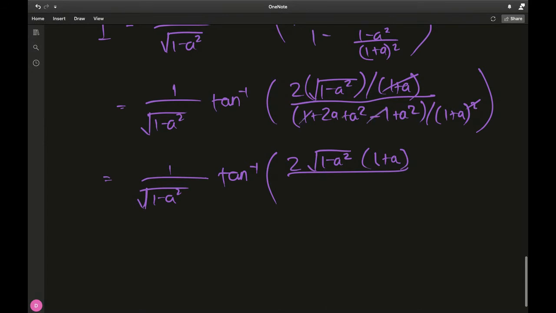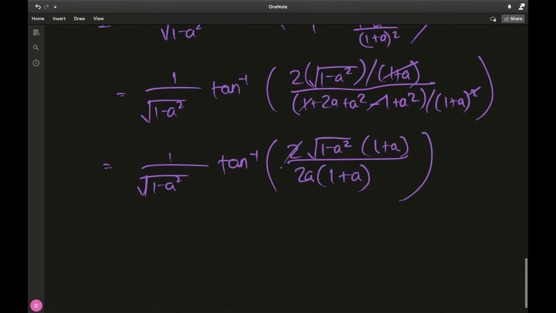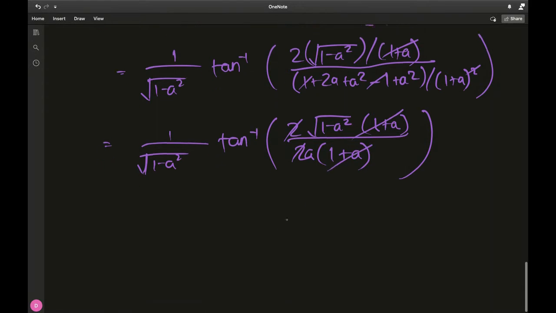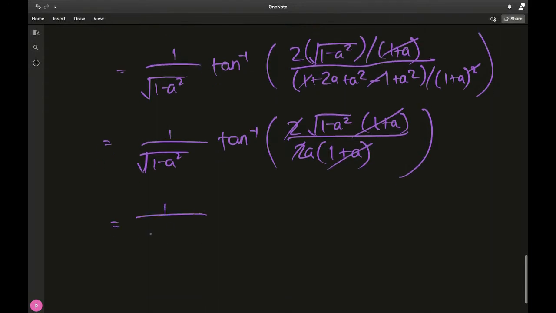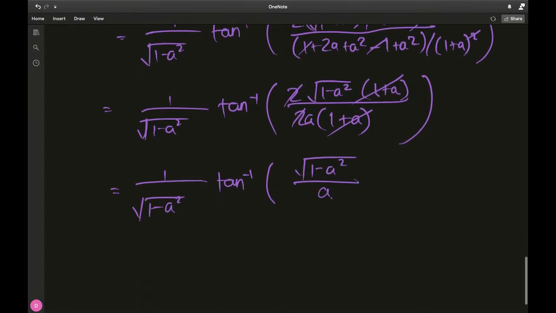We'll have 2a plus 2a squared. So 2a times 1 plus a. So 2 cancels, 1 plus a cancels. All we have left is square root of 1 minus a squared, under the root, inverse tangent of square root of 1 minus a squared over, well, a.